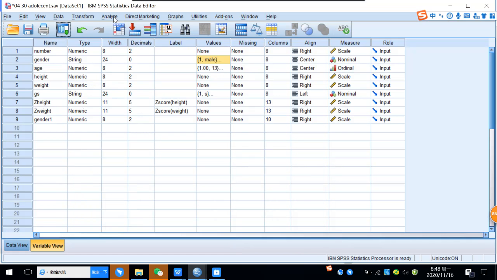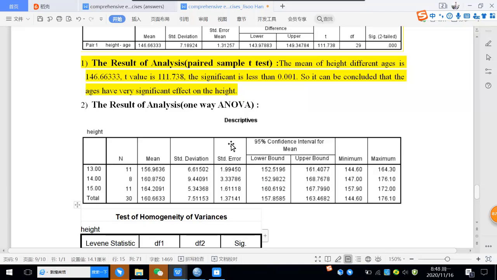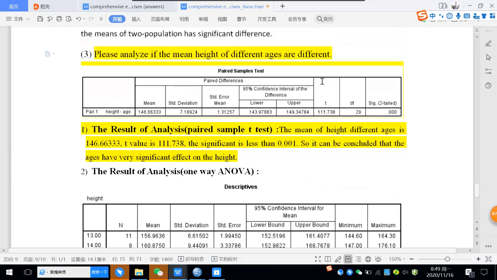Here, if the height or weight, let me see. Sorry, I check it. If the mean height of different ages are different, yes, okay.